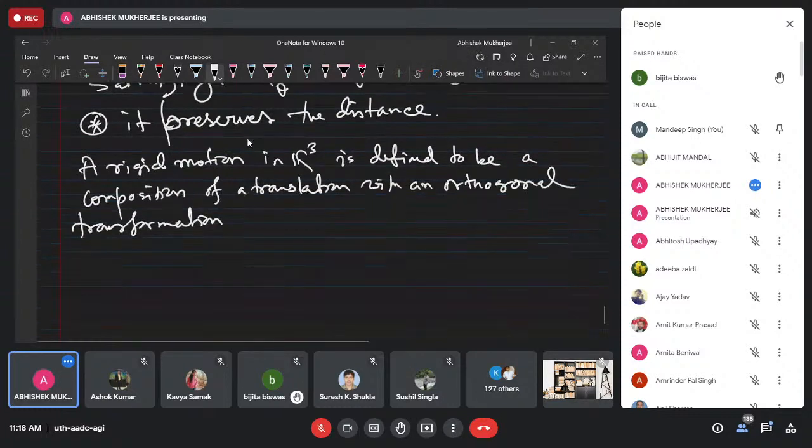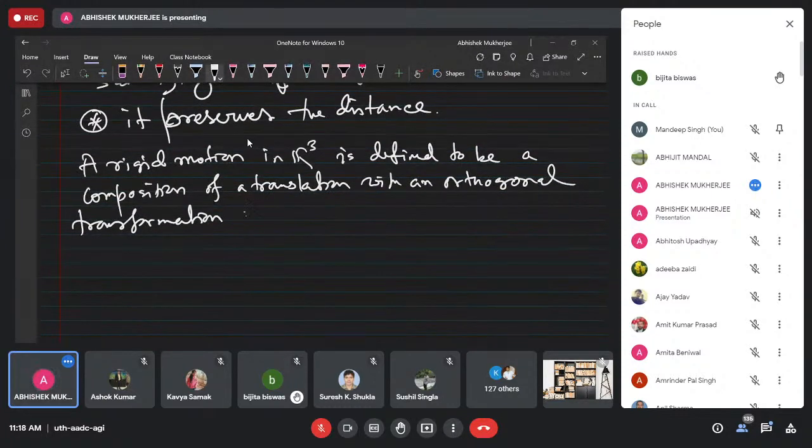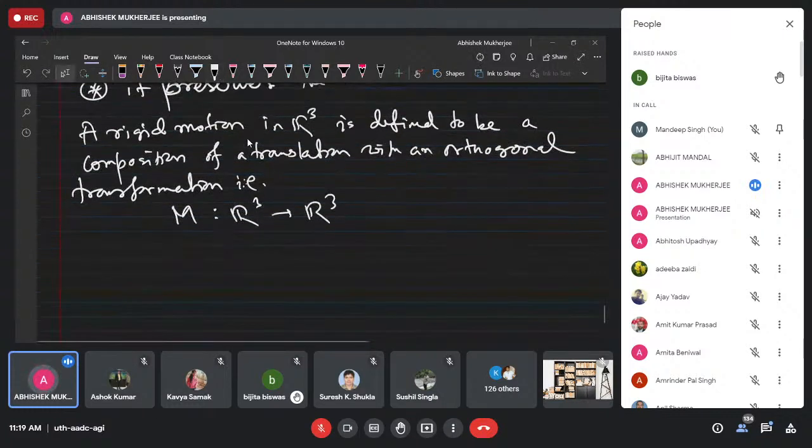Okay, that means M from R3 to R3 is defined to be a rigid motion if it is something like this, that is T_a composed with some r theta.